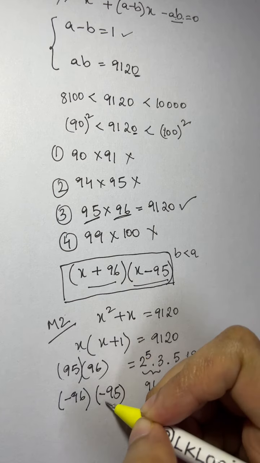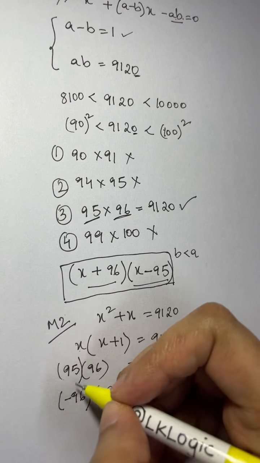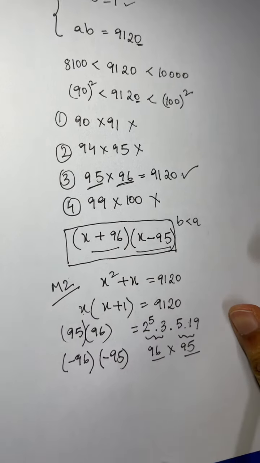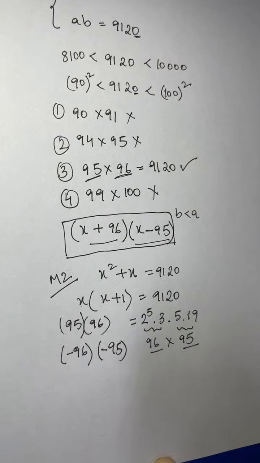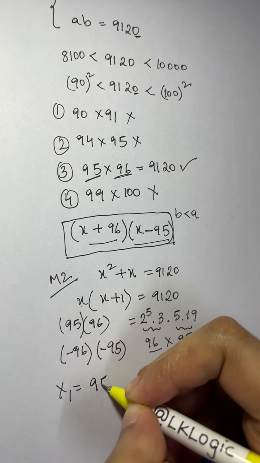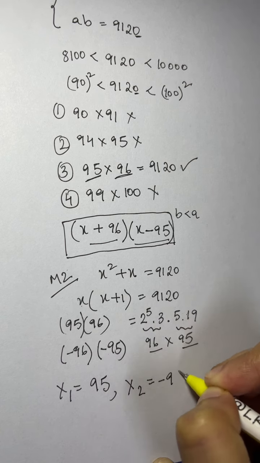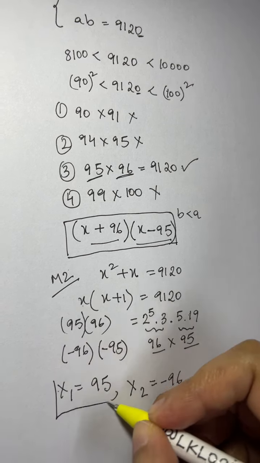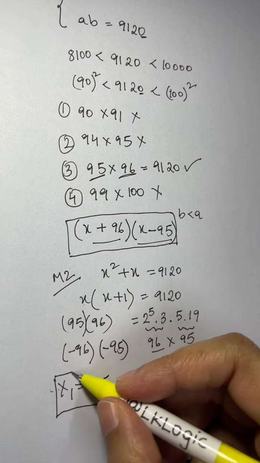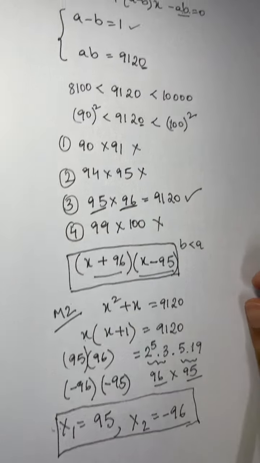Substitute. So you get two values for x: x1 is 95 and x2 is negative 96. So you've got two integer solutions for this quadratic equation.